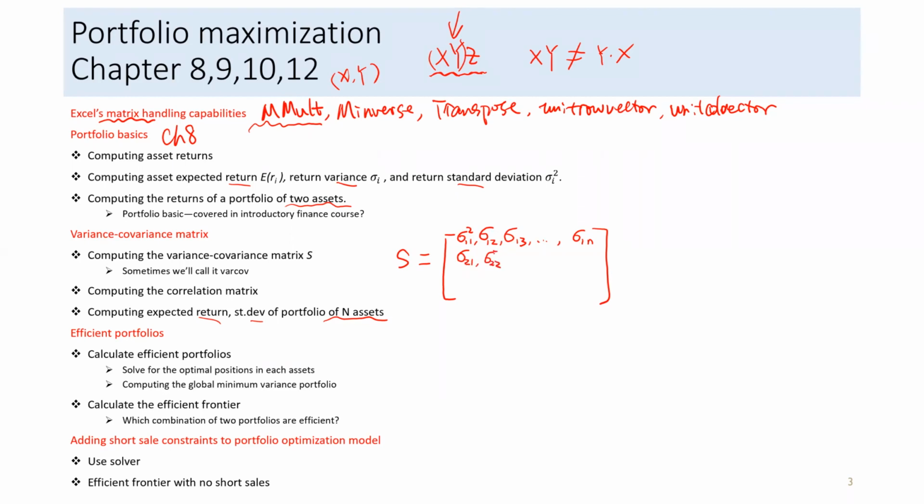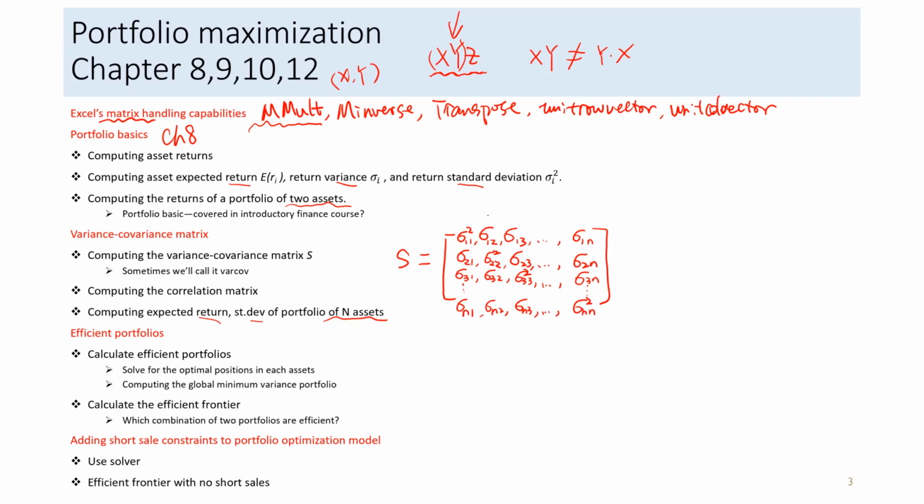Another name of it is the variance of asset 2. Here, 2, 3. In the third row, 3, 1, 3, 2, 3, 3. This is the variance. So all the way down, we have N1 here, N2, N3, and N. So this is also a variance.